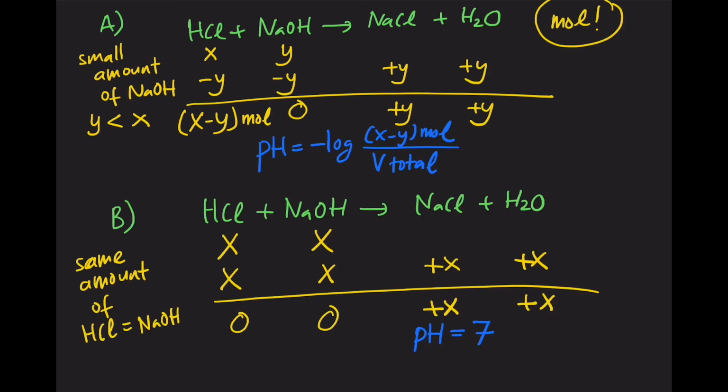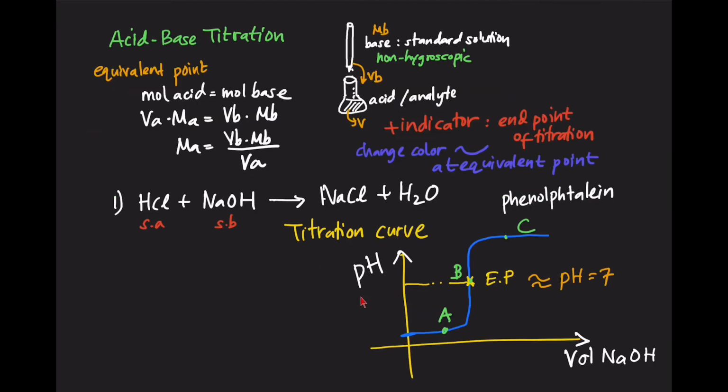At this point, the pH will be equal to 7, and at this point, the pH will be low. So that is what you get here. At point A, pH is low. Normally, acid is dominant here. And then B is where you have only a neutral salt. Acid and base will both be consumed completely. And then you get C, where this is mainly just the base.